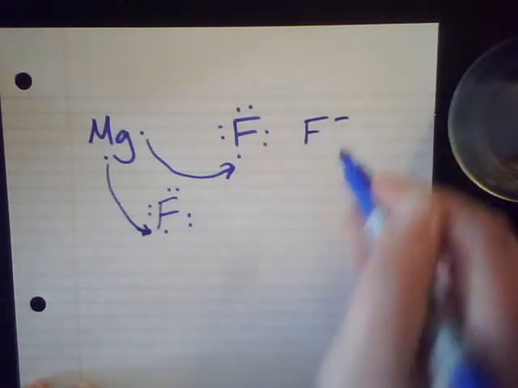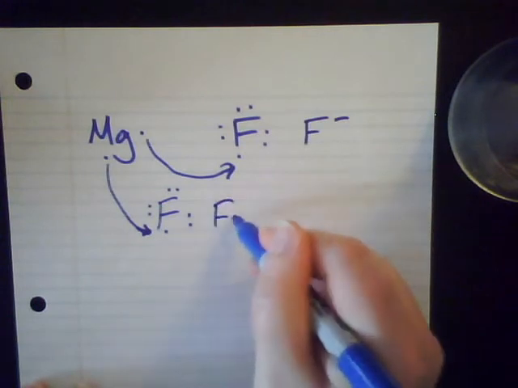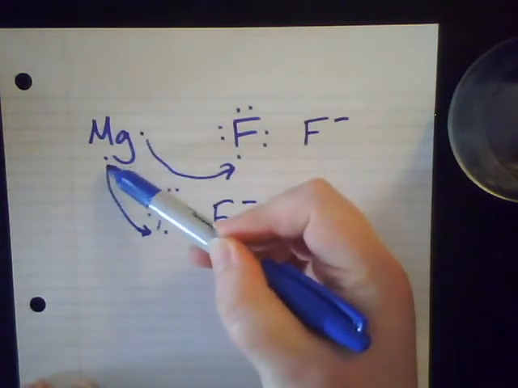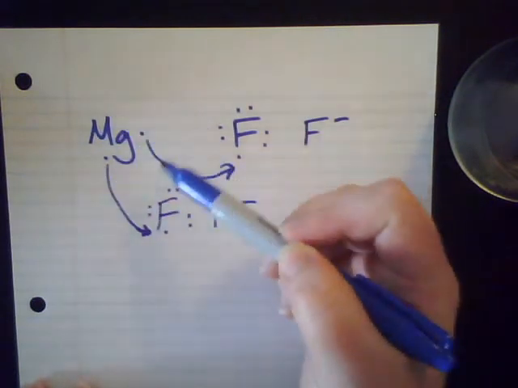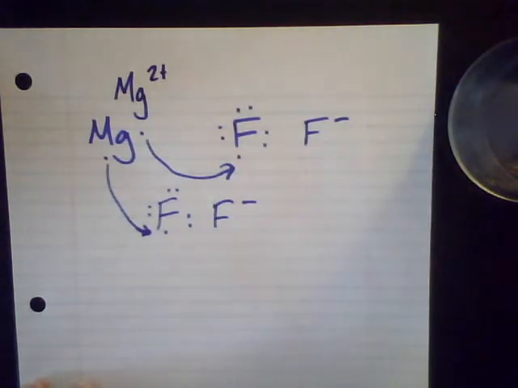So this becomes an F-. And because I lost 2 negative charges here, that makes the charge on my magnesium 2+.